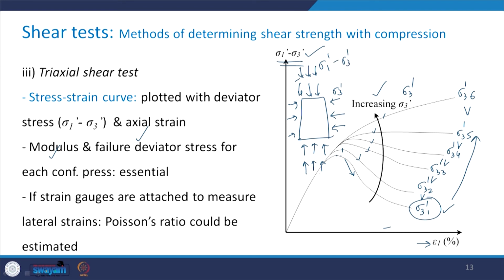Now, because we are increasing this, obviously with increase in this, what will happen? There is going to be deformation in the axial direction, and depending upon the level of the confinement, you will have the lateral deformation as well.